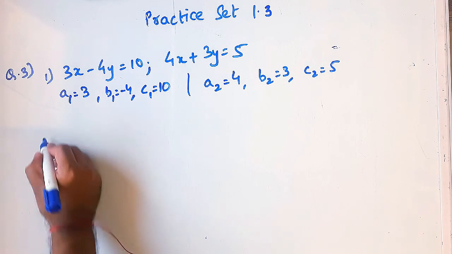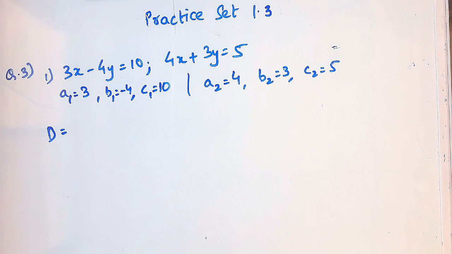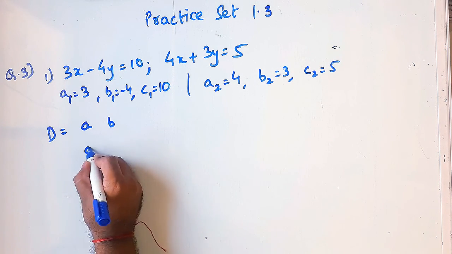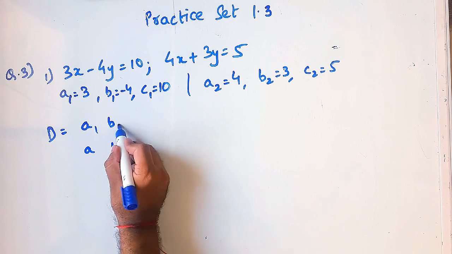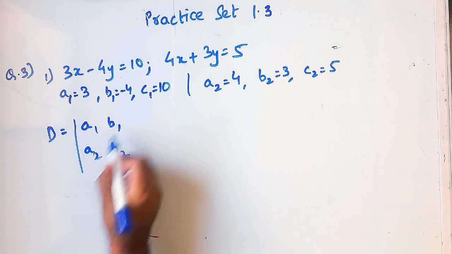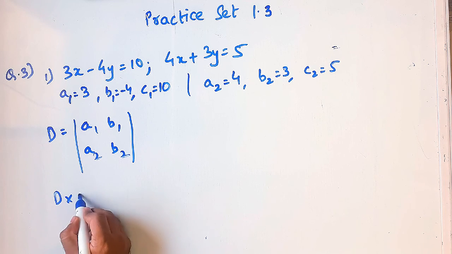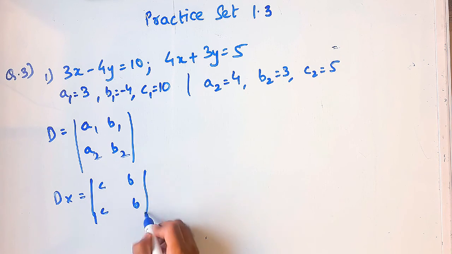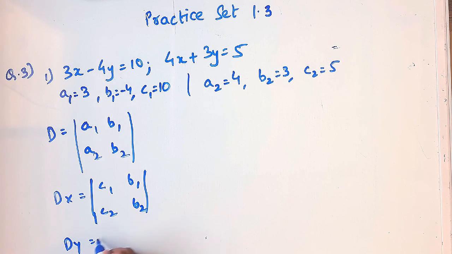For finding D, remember children, the formula is AB: A1, B1, A2, B2. For finding dx, the formula is CB: C1 B1 C2 B2. And for finding dy, the formula is AC: A1 C1 A2 C2.